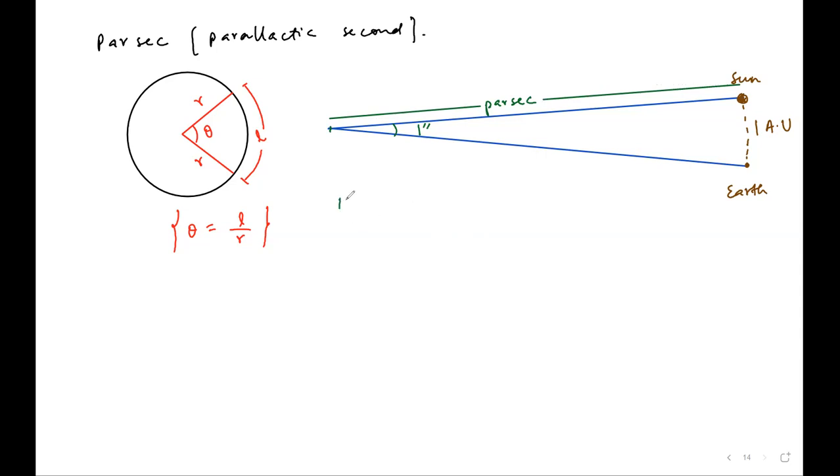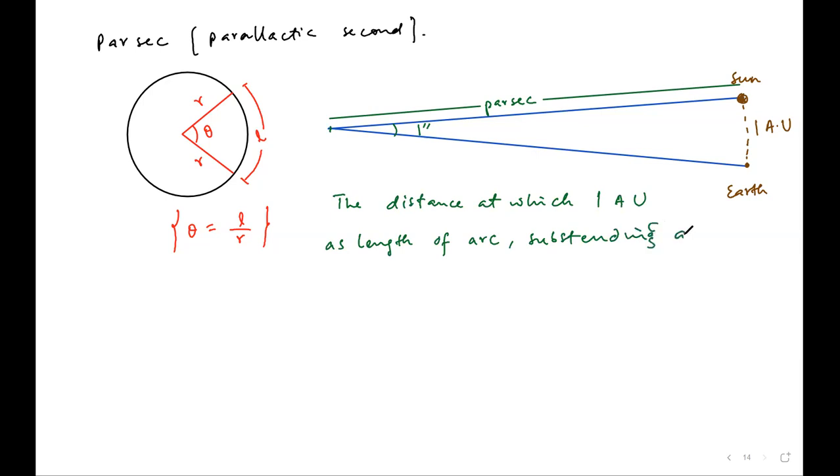So 1 parsec is nothing but the distance at which one astronomical unit as length of arc subtending an angle of 1 second is called 1 parsec.